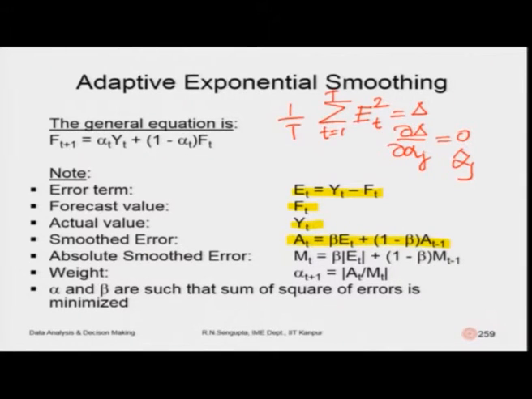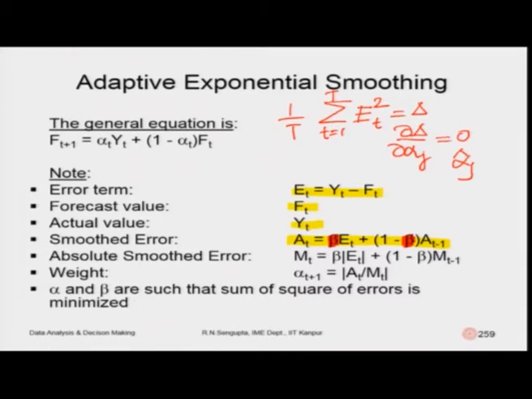So, this is given, and here for the first time we find out there is another constant which is beta, which is basically the smoothing constant and smoothing variable, which we will also try to find out, based on the fact that our main idea is to find out the sum of the squares and differentiate with respect to the parameters, because here also beta is a parameter and put it to 0 and find it out.